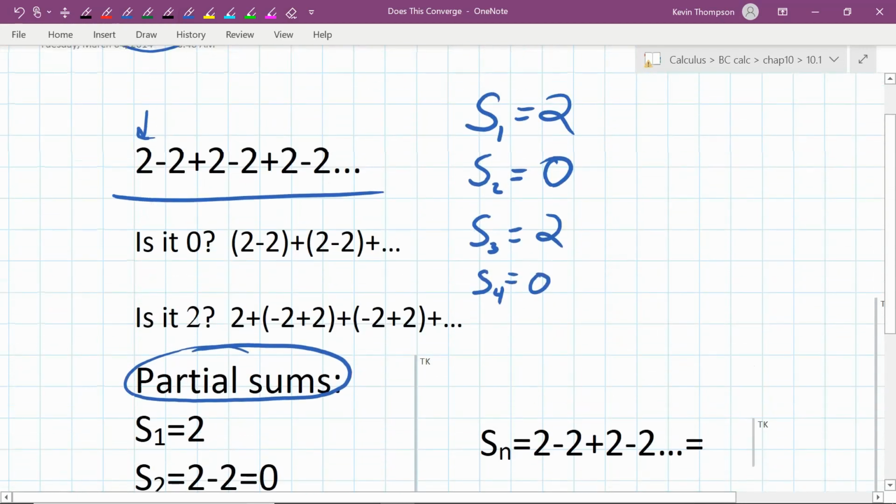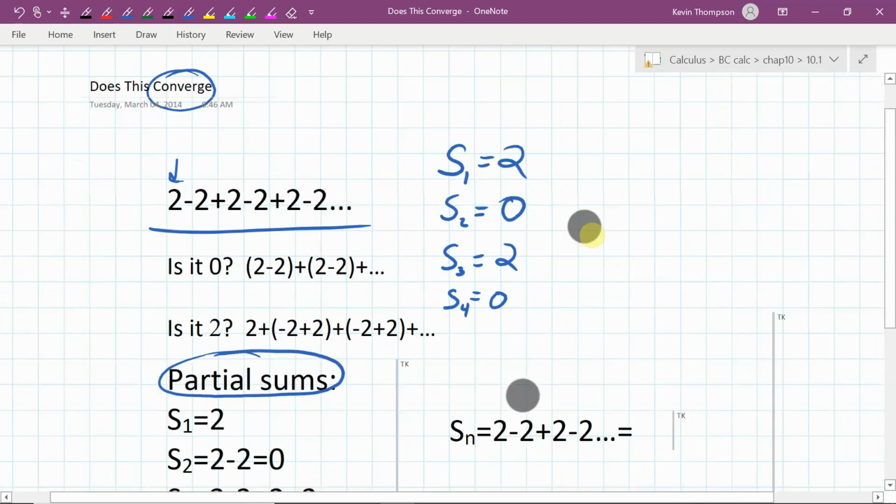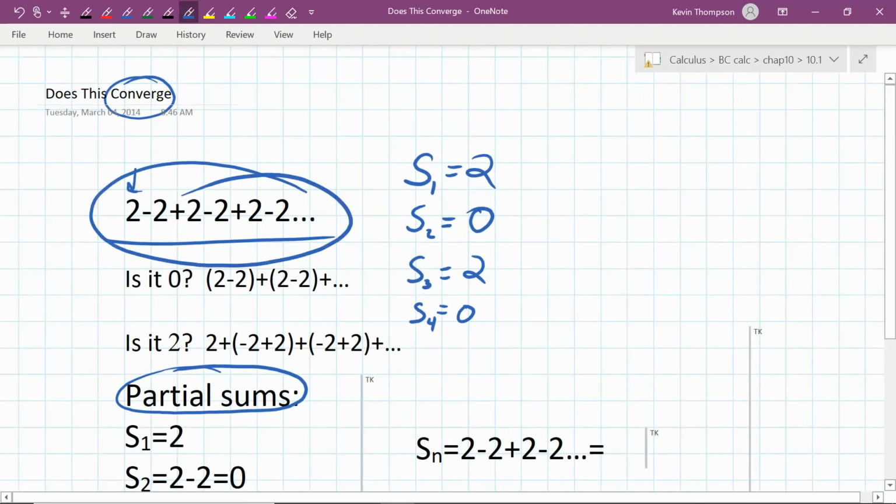So how about this? If I want to know what the sum of this is, I'm going to put in symbols here. I want you to think about why this makes sense. If I think about the nth partial sum, I'm not going to put anything there right now. But do you realize this is either the number 2 or 0? The way that I've constructed this. I don't know which one it is because I don't know if n is even or odd.